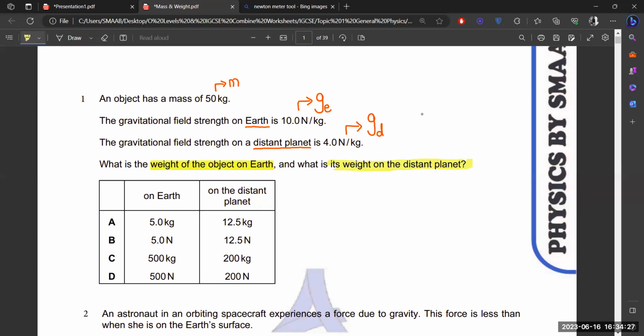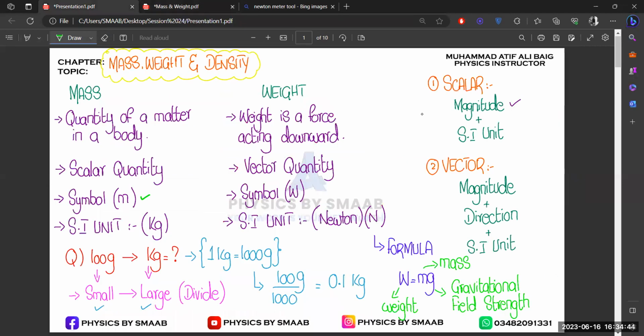One is the weight on Earth, WE, and the second is the weight on the distant planet, WD, right? So what is the formula for weight? W equals mg, right? Any confusion?